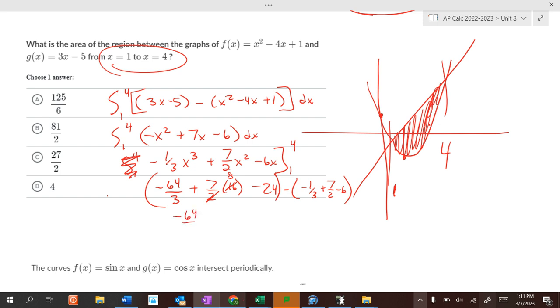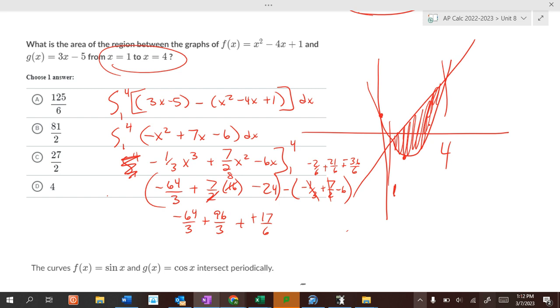So it's negative 64 thirds plus 96 thirds, because that's what 32 is, minus, okay, negative 1/3 and 7 halves is negative 2/6 and 21/6, which is 19/6, minus 36/6. 19 minus 36 is negative 17/6, and minus a negative 17/6 is plus a positive.